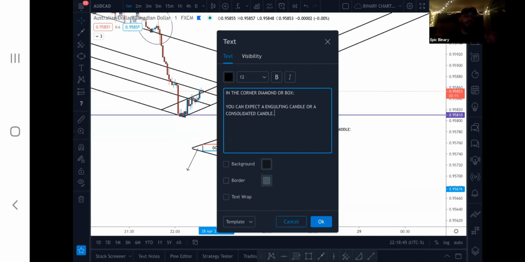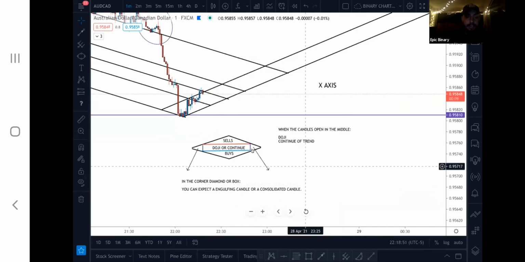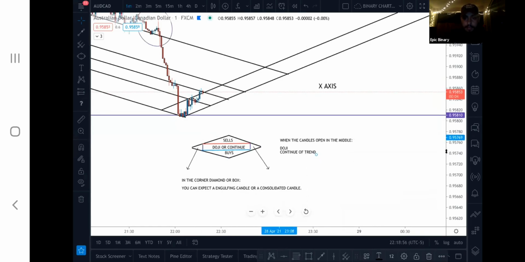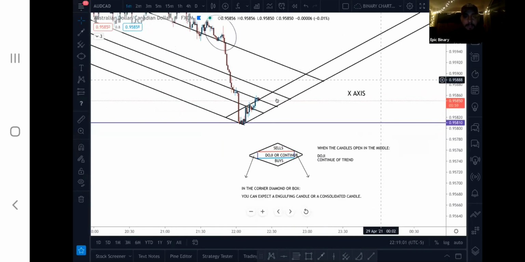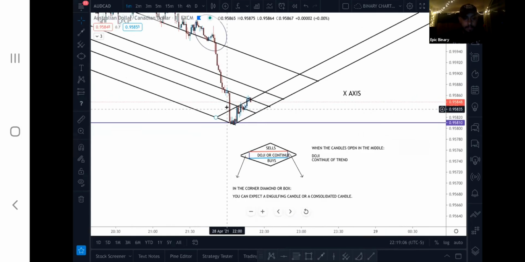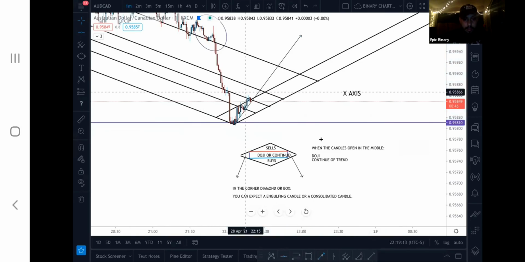You can expect one of those 2 things on the corner boxes, right? So now let's draw some boxes. I'm just going to draw a trend line as well. All right.